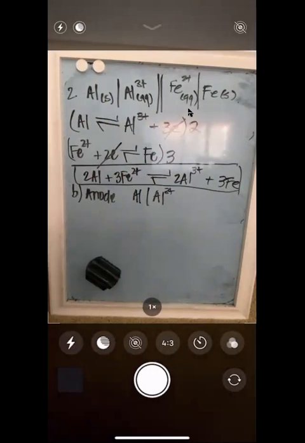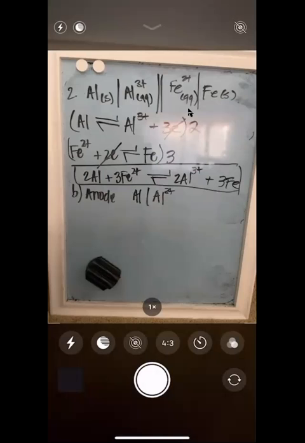Okay, now if you build this even further, in questions 3 through 4, let's keep going, right? Well, in questions 3 through 4, it asks you, how do you do this if you're given the half reactions?